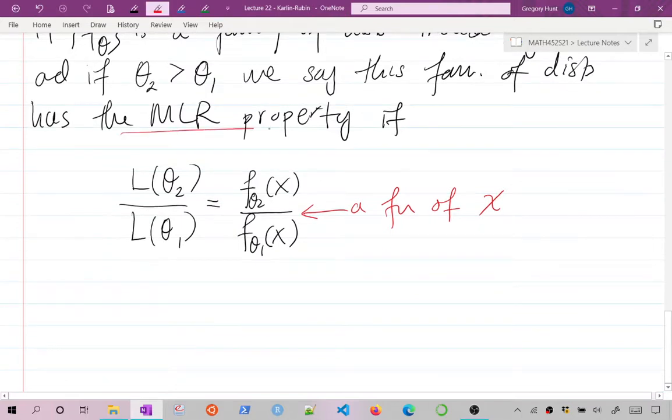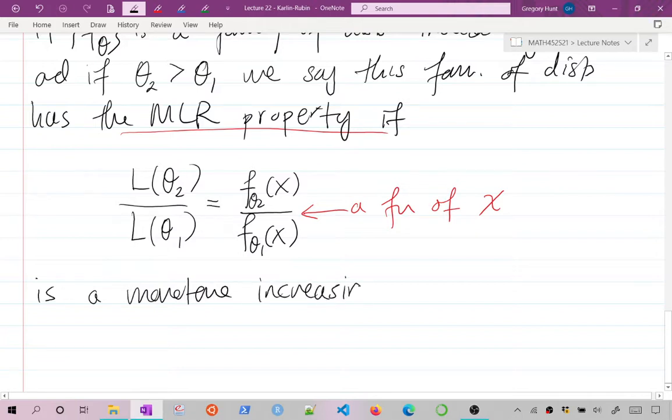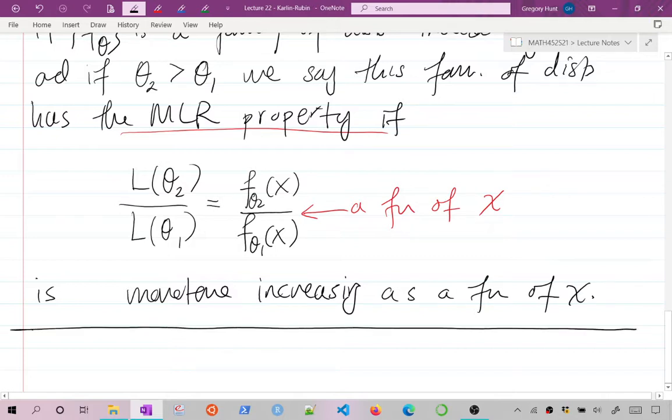And we say this has the MLR property if this ratio is monotone increasing as a function of x. So that's the property.